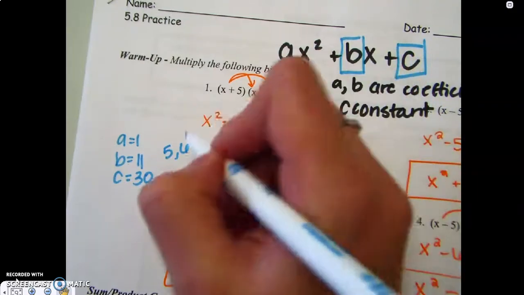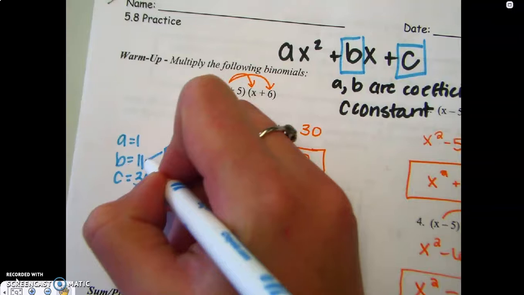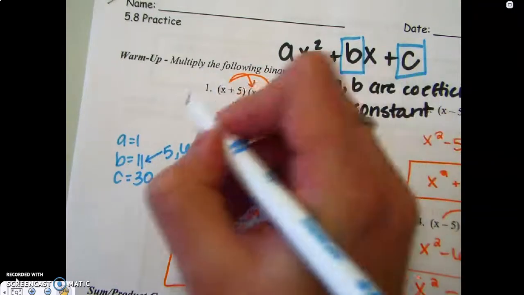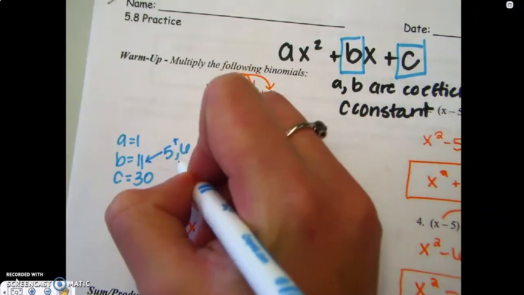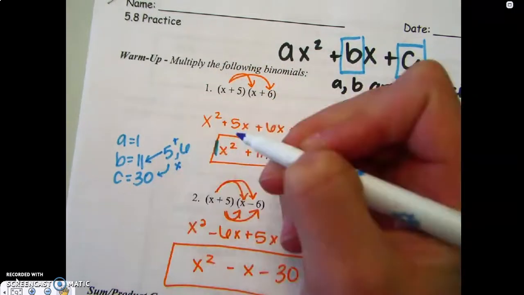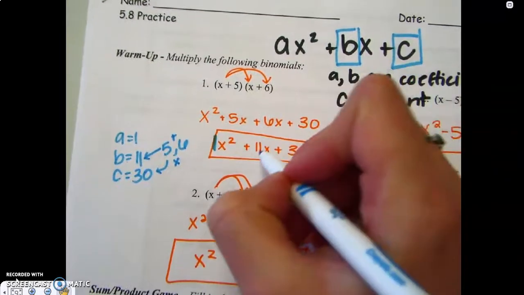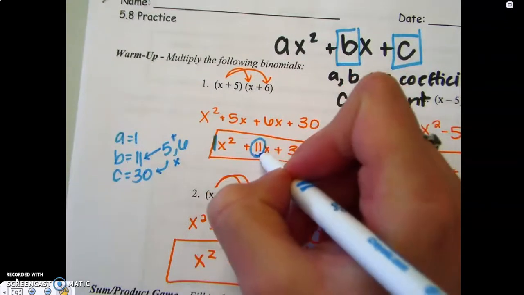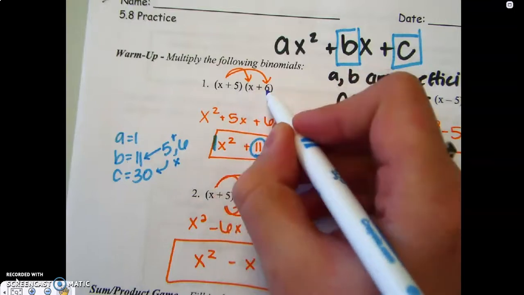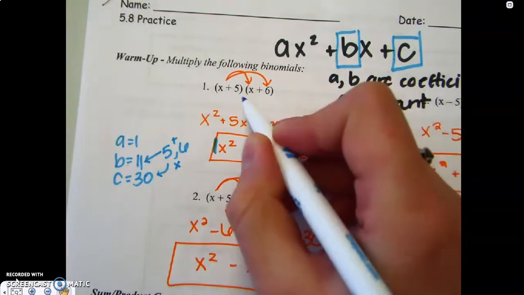You might notice if I add 5 and 6 together, I get 11. And if I multiply 5 and 6 together, I get 30. So that's really the pattern. B is the addition of these two numbers, and C is the multiplication of these two numbers.